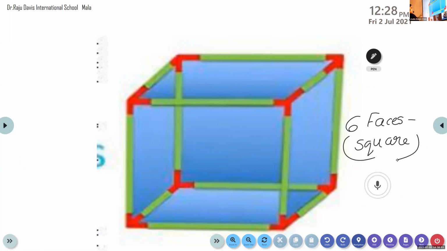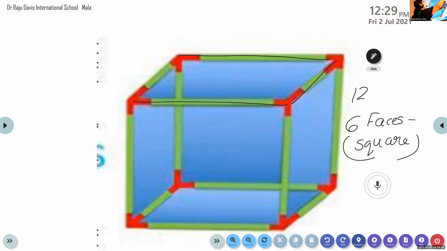Very good. Now, Aman Babu, please unmute. How many edges are there? That means all the sides of these squares are edges. How many edges are there for a cube? 12.